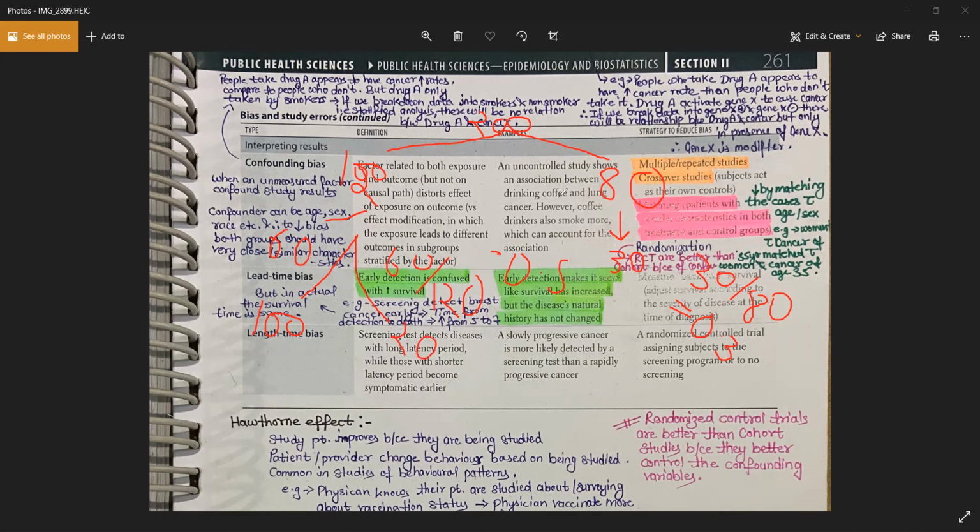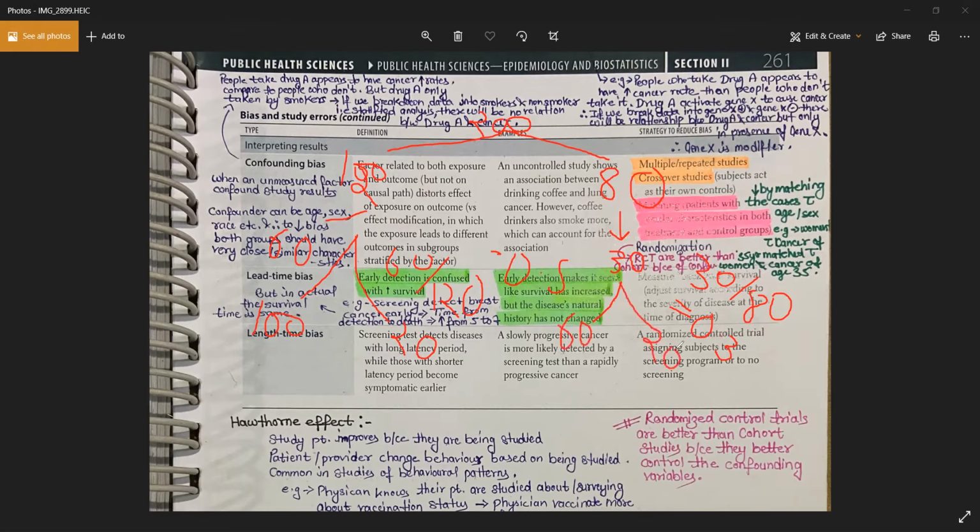And similarly, in this 80 group, most of the individuals are non-smokers. Let's say 60 of them are the non-smokers, and 20 of them are the smokers.